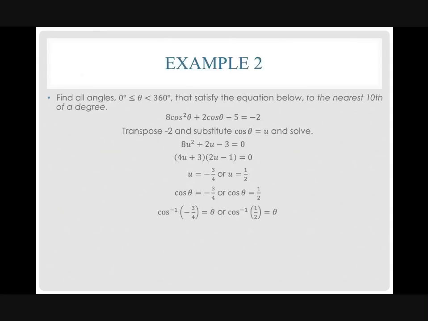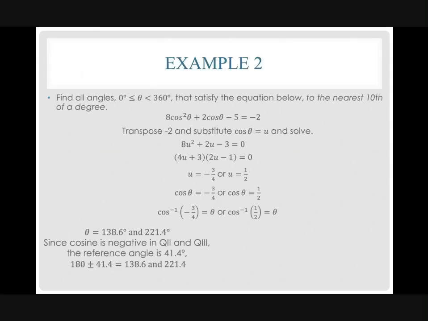Ask yourself, when is cosine negative? Well, it's negative in the second and third quadrants. So we're going to have to determine what that reference angle would be in order to figure out those values. So when we plug this into our calculator, we would get 138.6 degrees.